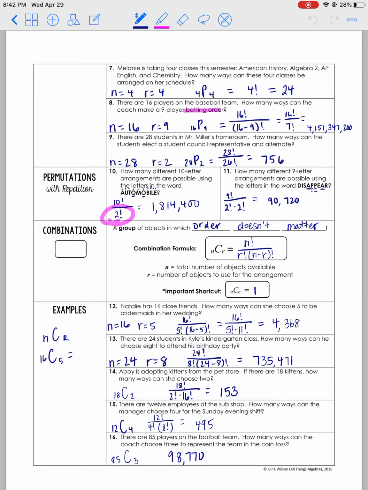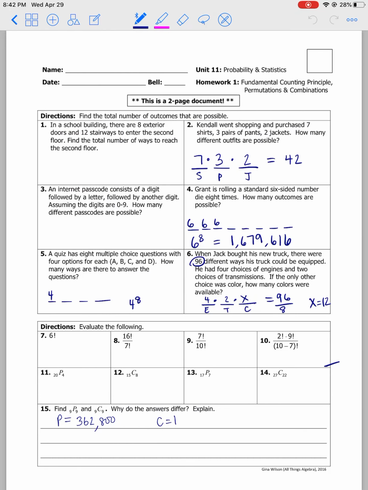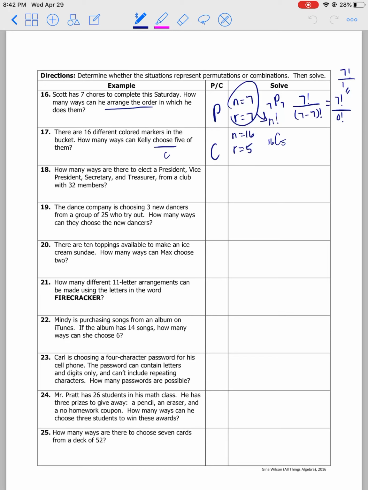So that would be factorial of n divided by the factorial of r times the factorial of n minus r. Okay, so the factorial of 16 divided by the factorial of 5 times the factorial of 16 minus 5.